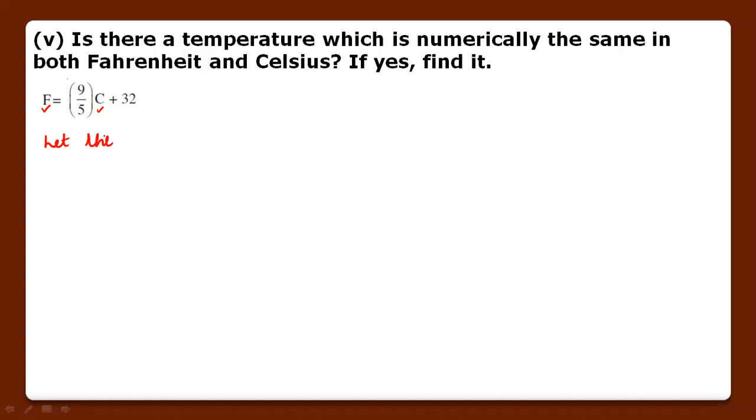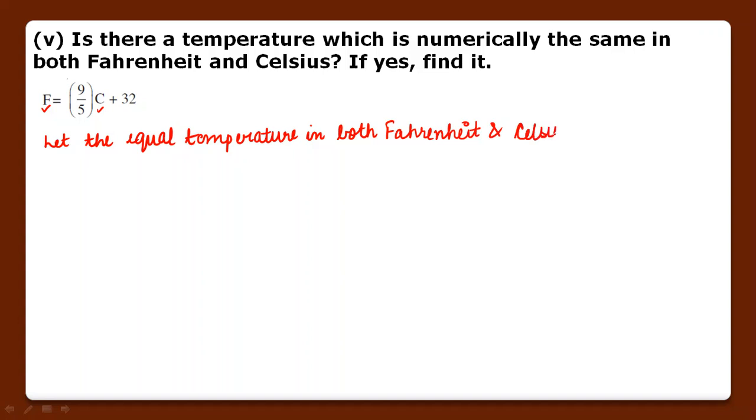We assume, let the equal temperature in both Fahrenheit and Celsius be x. We let that temperature be x. So we put x in place of F and also x in place of C, and then we'll solve the equation. x equals 9/5 into x plus 32.